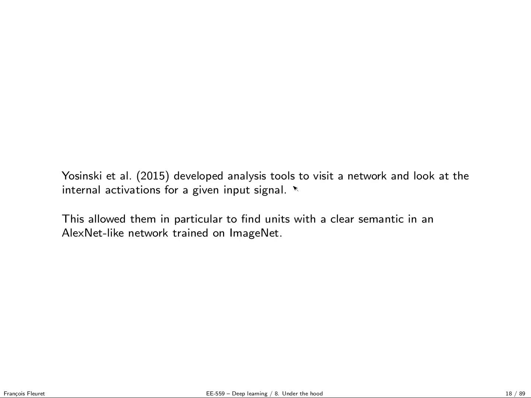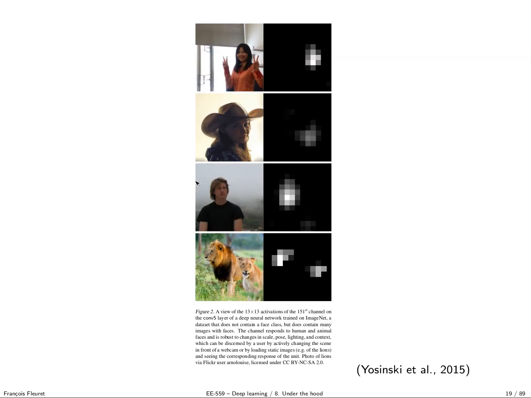So in 2015, Yosinski and colleagues developed an interactive tool to visit and analyze activations happening in a network. Using this, they were able to find units with a clear semantic in an AlexNet-like network trained on ImageNet. In particular, they have this quite nice result where one of the units in some of the later layers is perfectly tuned to face detection, whether human or animal.